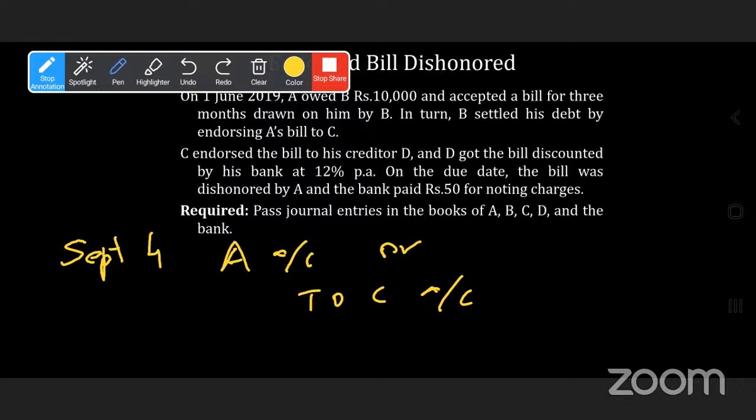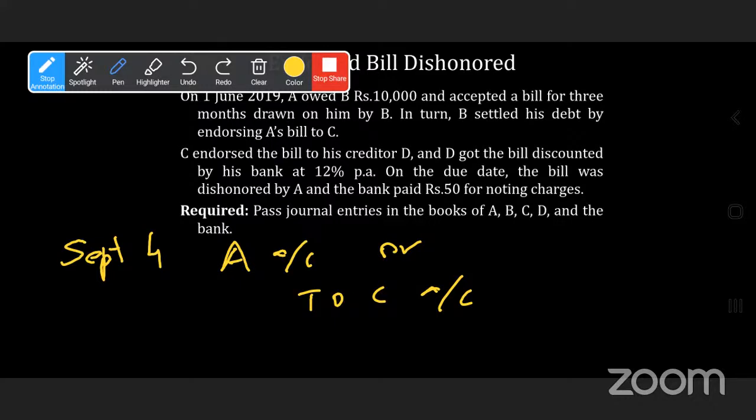After B endorsed the bill to C, the bill was not paid to C. Again, C has endorsed to D, but A has no transaction with that. You should not write any transaction with regard to that.